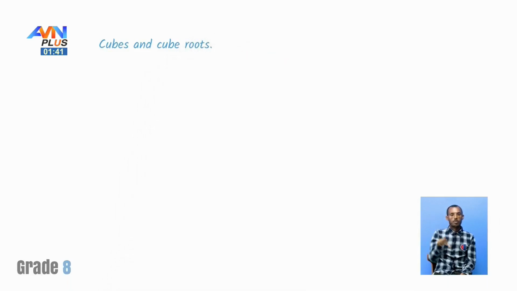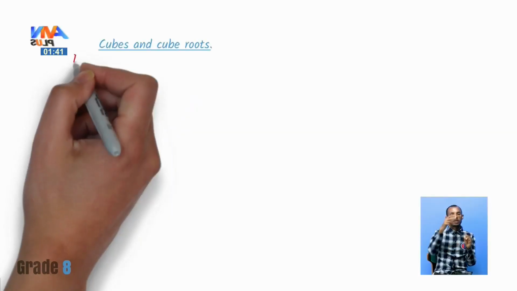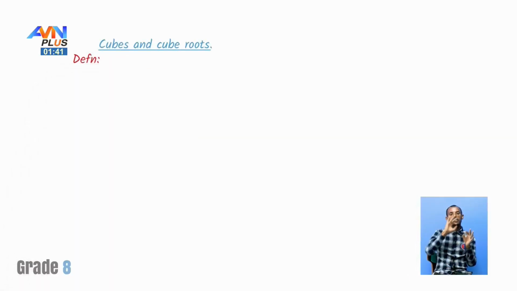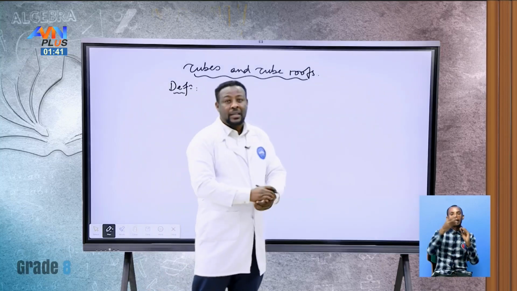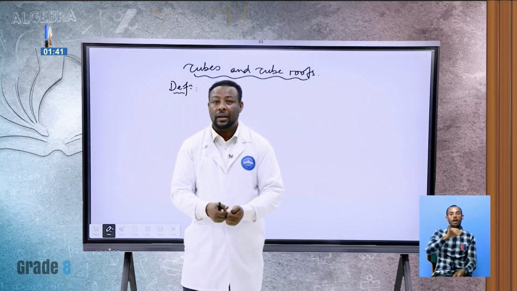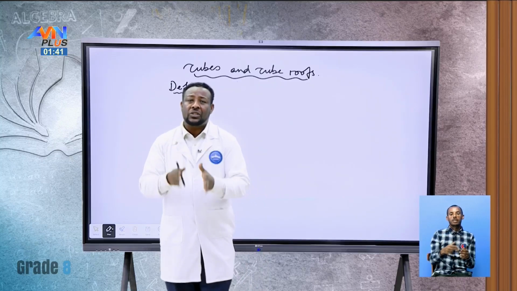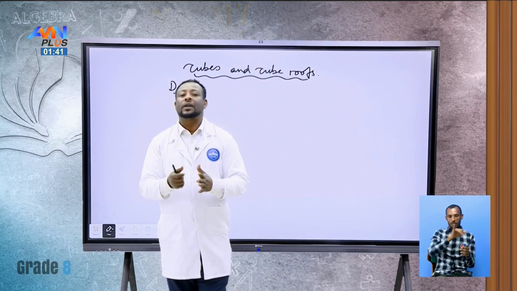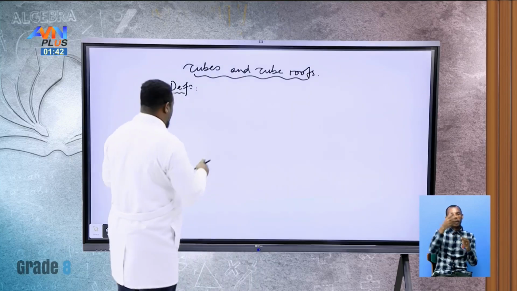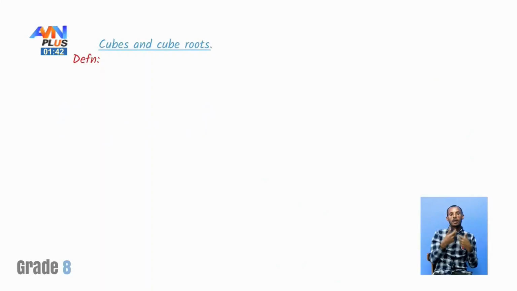Okay. So a cube is defined in this way, okay? A cube is the product of 3 similar factors. So the product of any 3 identical factors is called a cube. So this is the first definition that we have in this topic.